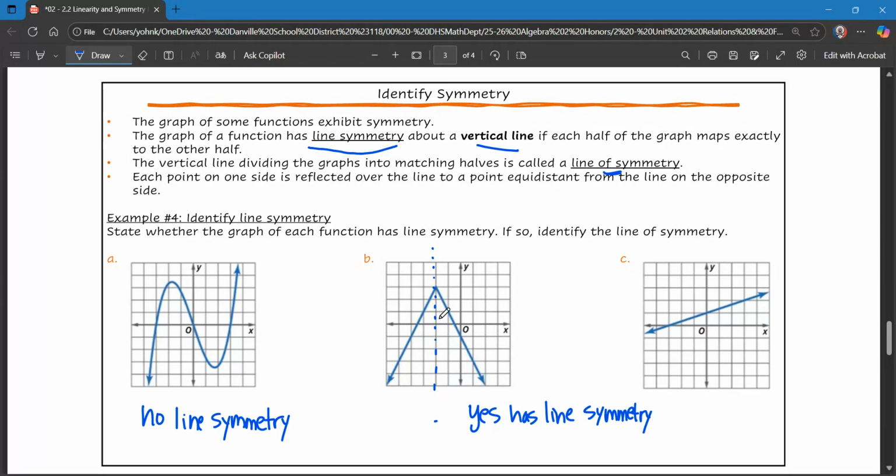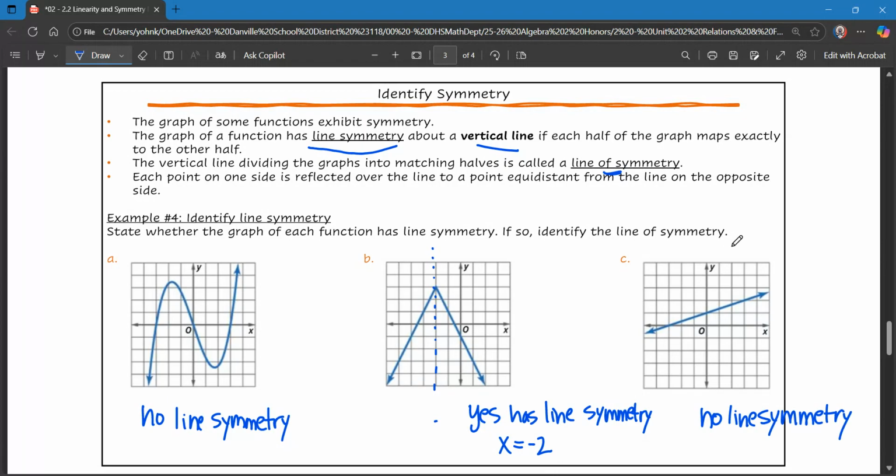So it's going through the x-axis at -2. So x equals -2. If you look at letter C, and you try to draw a vertical line anywhere on the graph, and then fold the right side and the left side up, these will not form mirror images. This one has no line symmetry.